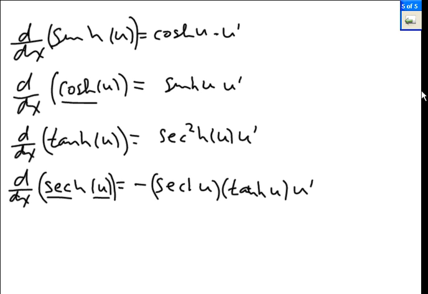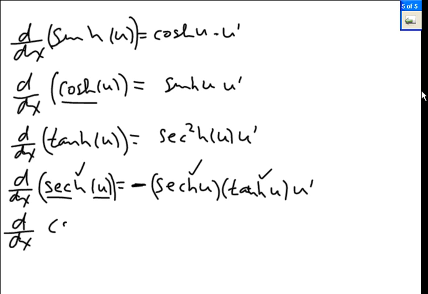Well, these are hyperbolic. And you get a minus in front. It's a pain in the neck, but they're not matching up exactly with the trig functions. They're very close. You'll just be off by a minus sign, but you have to say h each time. If they give you h, the derivatives will always have the h.